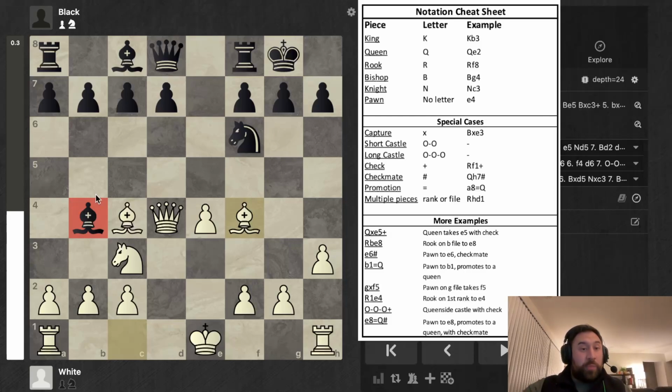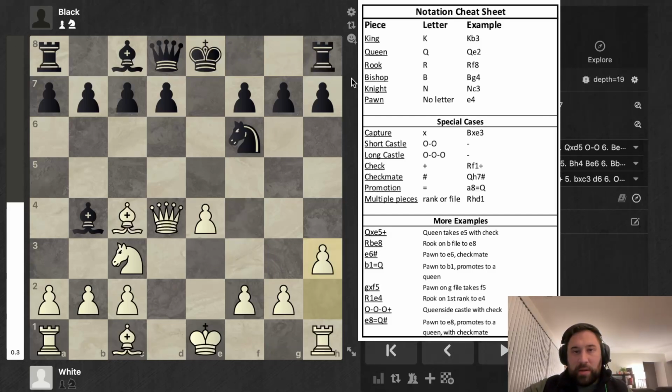So similarly, let's pretend that bishop b4 was checkmate. We would say b4, and then we kind of use the hashtag sign. That means checkmate. So same format as check, but we would say b4 hashtag checkmate.